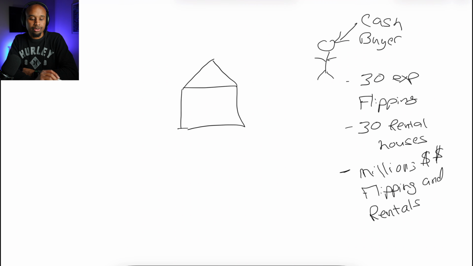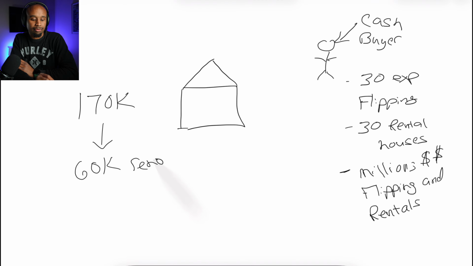He bought a house last year, I believe, or the year before last. So he bought a house and I think he paid like 170K for it. So he paid 170K and I think he put like 60K into it for repairs for the renovation or remodel. He put 60K in it. So he is in at what?